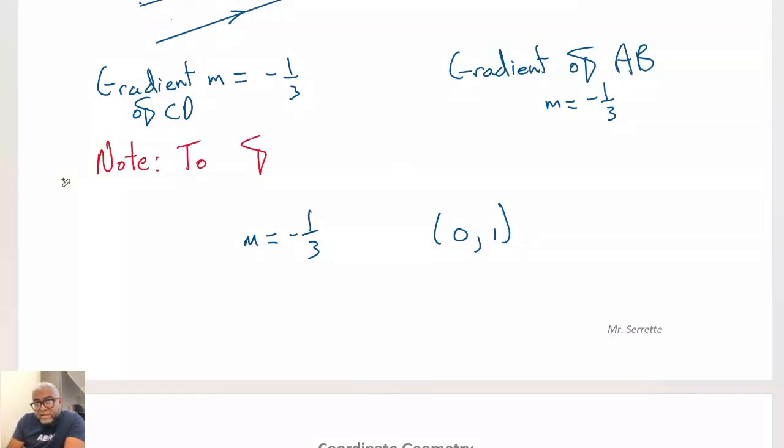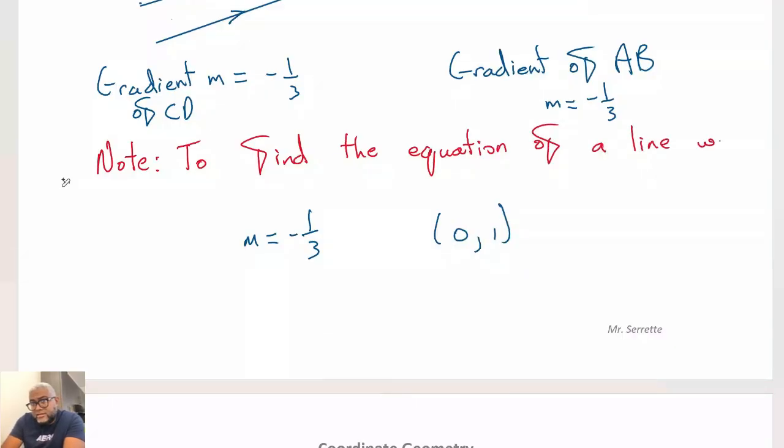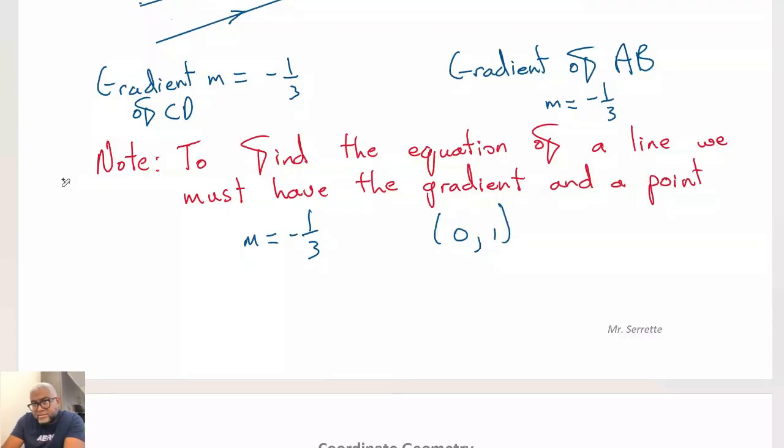Write this down: to find the equation of a line, we must have the gradient and a point.